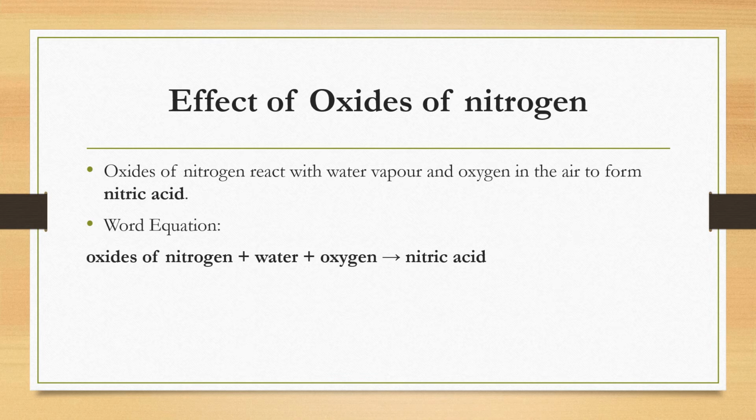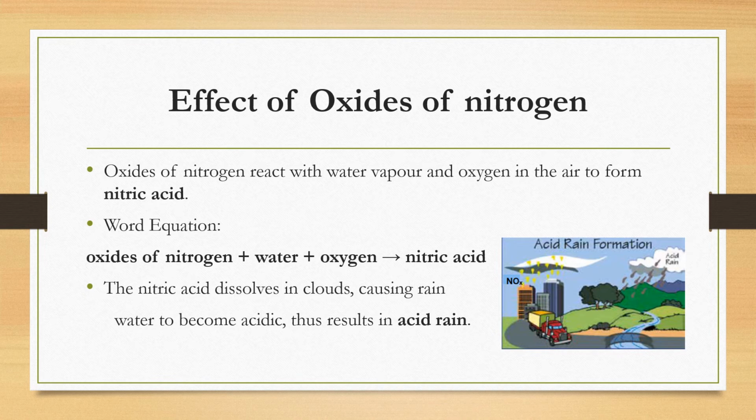The word equation is oxides of nitrogen plus water plus oxygen give nitric acid. The nitric acid dissolves in clouds, causing rainwater to become acidic, thus resulting in acid rain.